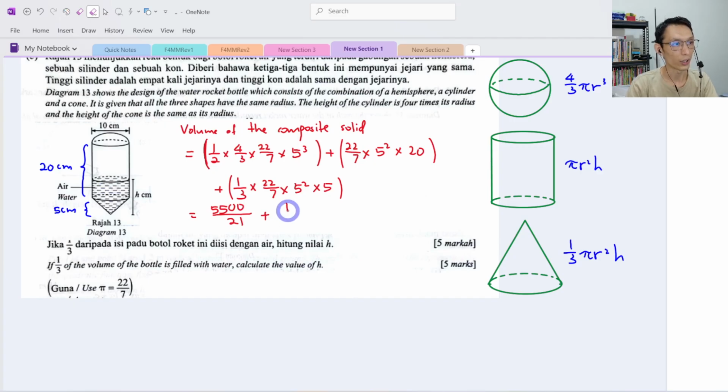Okay, this is 11000 over 7. Okay, let's calculate the last one. 1 over 3 times 22 over 7 times 25 times 5. Okay, so this is 2750 over 21.